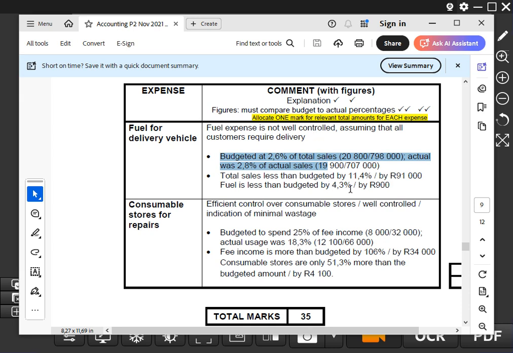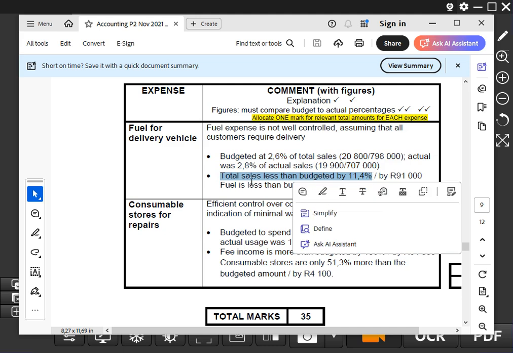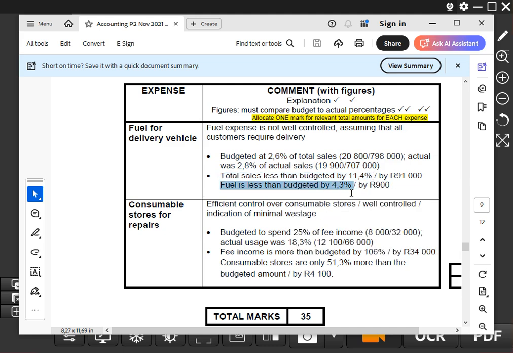That's the only thing they say here. Also, you can take the two separate, where you do the total sales less the budgeted, and the total fuel less the budgeted. So you say sales decreased with 11.4%, whereas fuel only decreased with 4.3%. It was also supposed to decrease with 11.4 if it was in line.